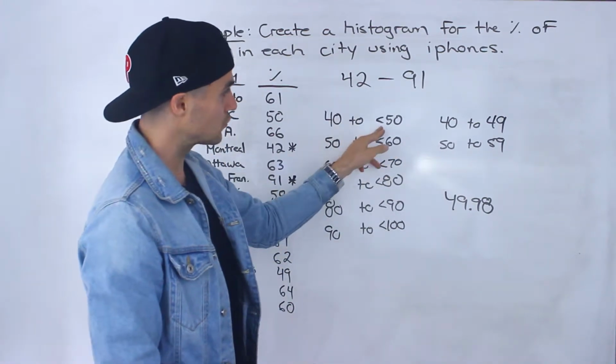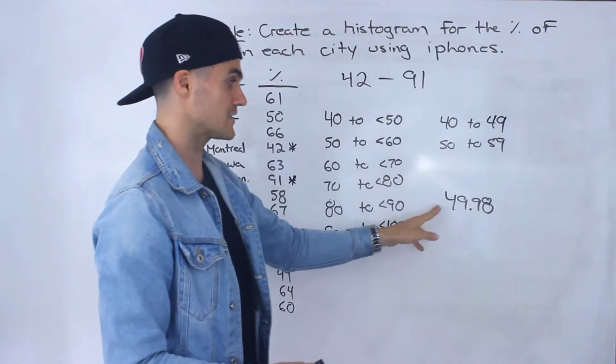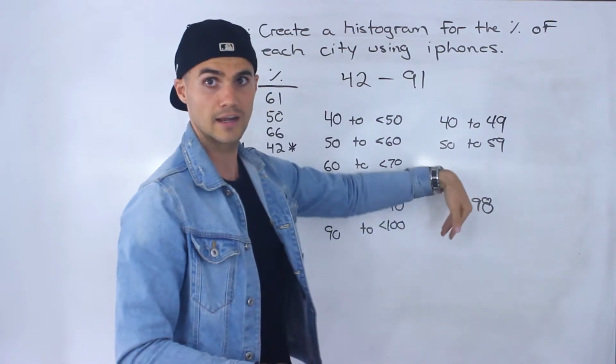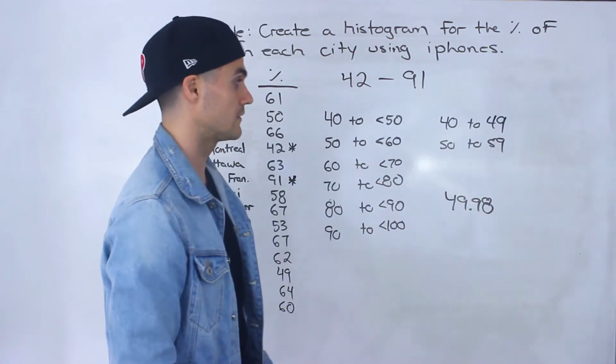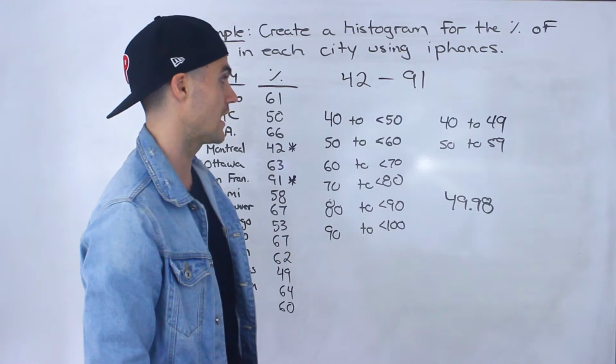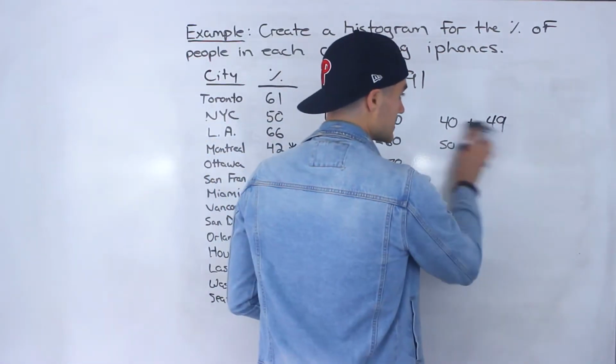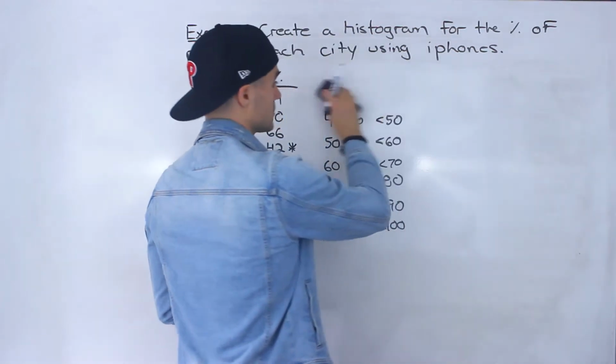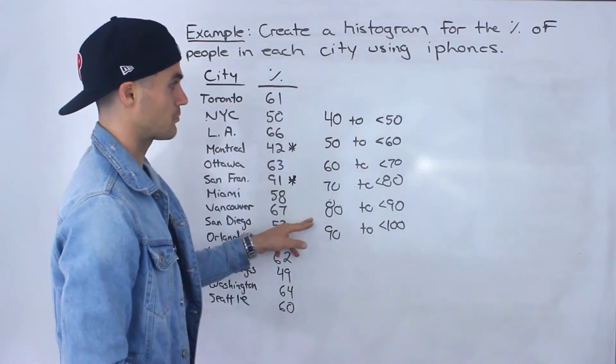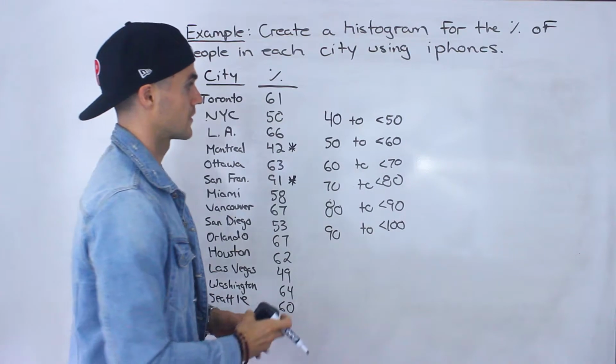Right? So it has to be right up until that 50, up until 49.99999, all the way to infinity, an infinite amount of nines, just to make sure that everything is getting taken into consideration. All right? So this is the proper way to do it over here.